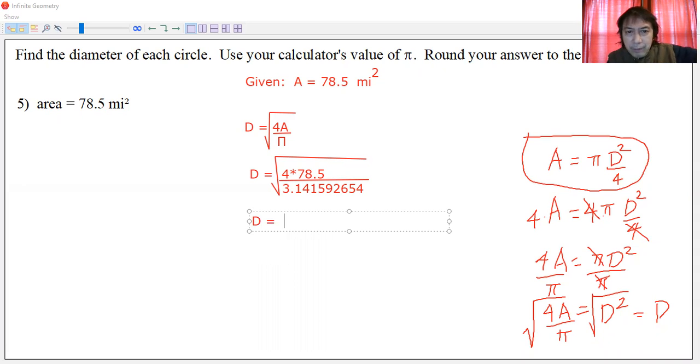Let's get the product first. Let's do it nice and slow. All right, 4 times 78.5, that's equivalent to 314. And then the same number at the denominator, that's the value of pi.